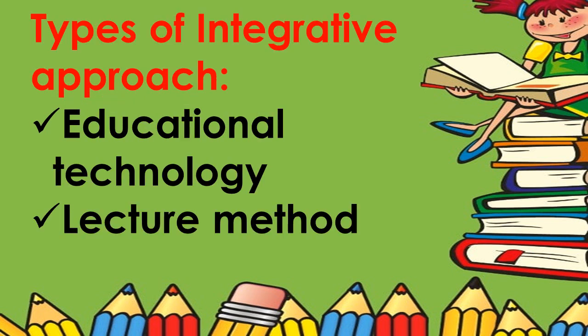The first one is the educational technology, which uses technological tools like media, machine, and networking hardware. In lecture method, an oral presentation by the teacher that relies on factual information, the learner's role is just to listen.